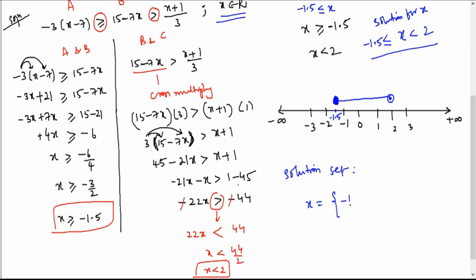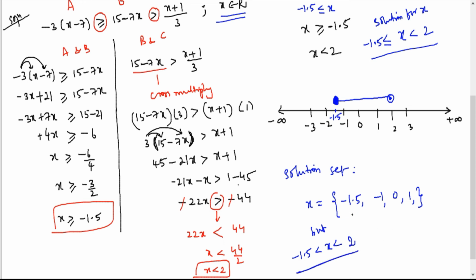So you will write minus 1.5, minus 1, 0, 1, 2, not 2, I'm sorry, you cannot write 2. This is how you can write, of course, but x is between minus 1.5 and 2 is the actual way you have to represent it.